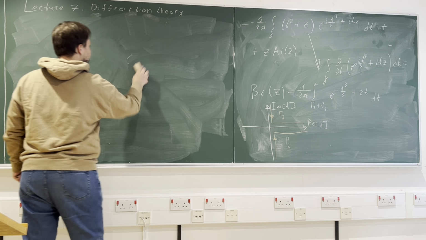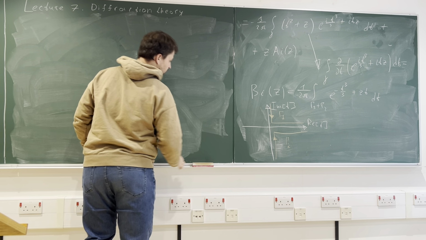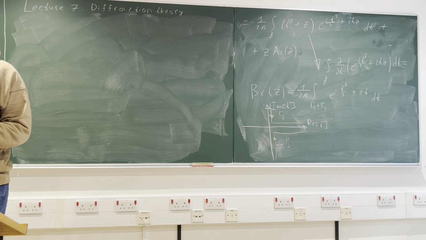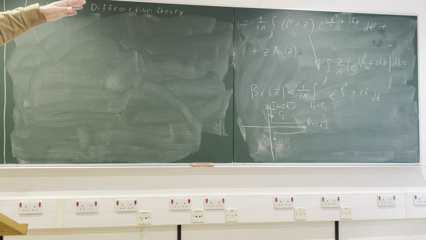Because this example is quite non-trivial. This function has two saddle points. As you can see, when we differentiate the phase, we will have a quadratic equation. We'll have two saddle points, and we will have different asymptotic behavior depending on how many saddle points contribute to the asymptotic.